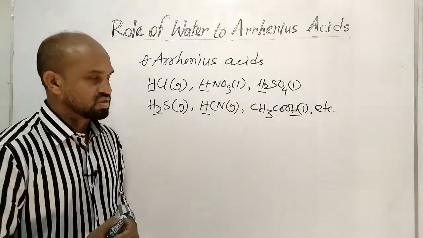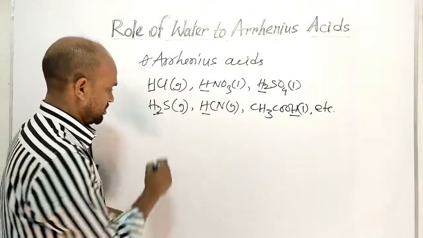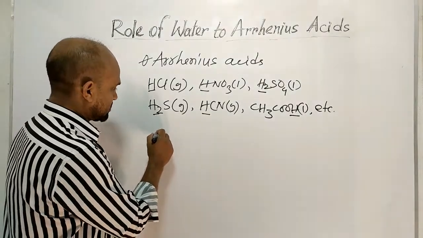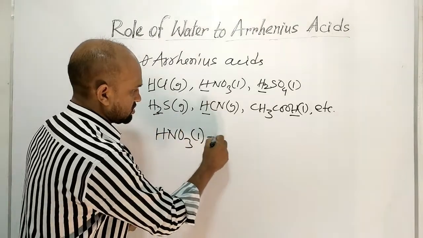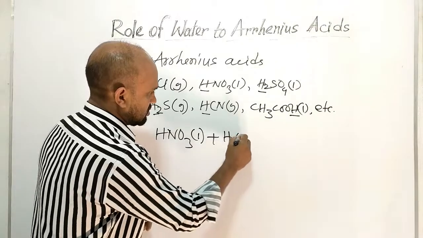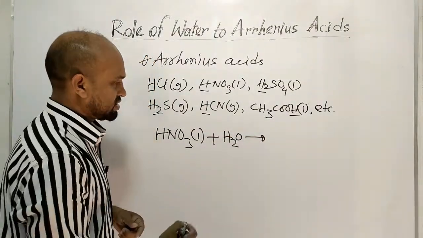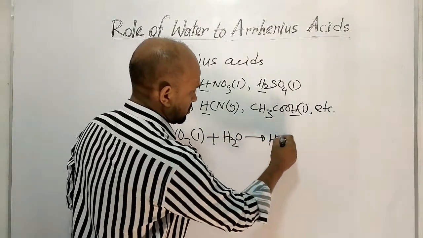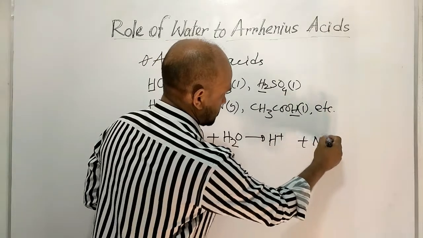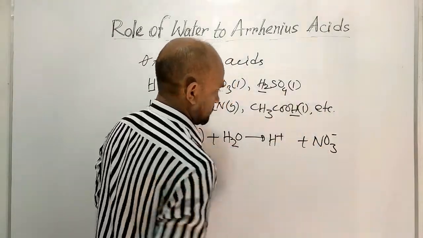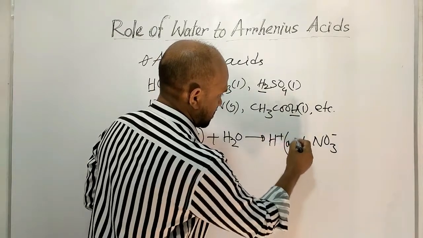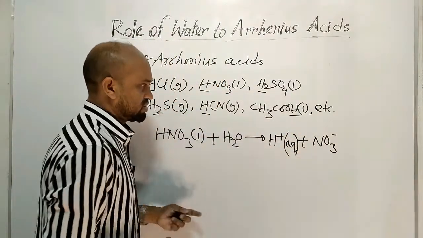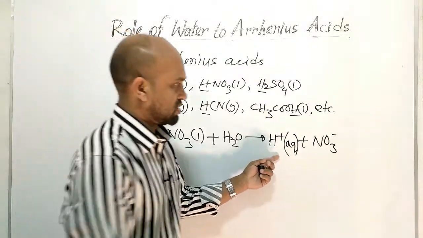These compounds release protons in this way. For example, first nitric acid. When dissolved in water, nitric acid yields a proton and a nitrate ion. This proton is surrounded by water. Aqu means aqua, which means water.